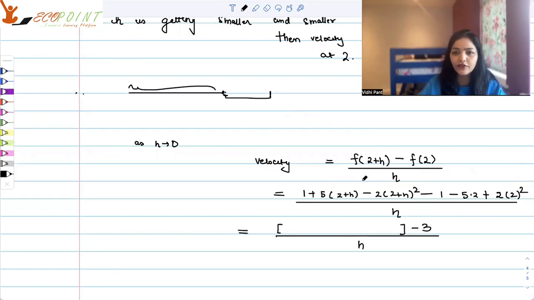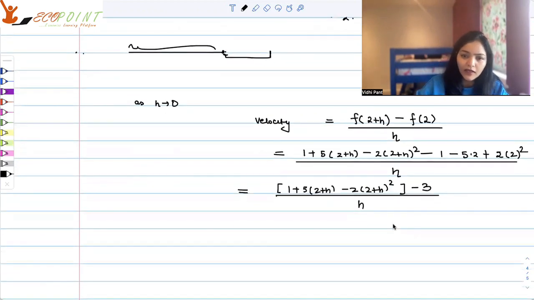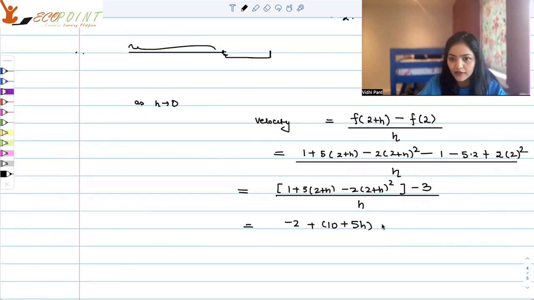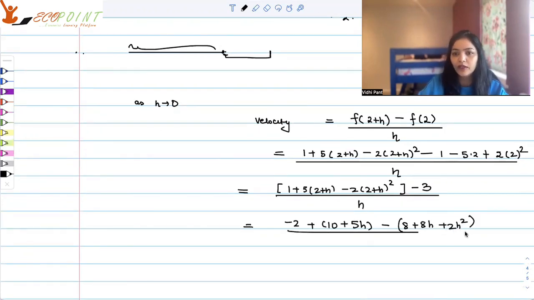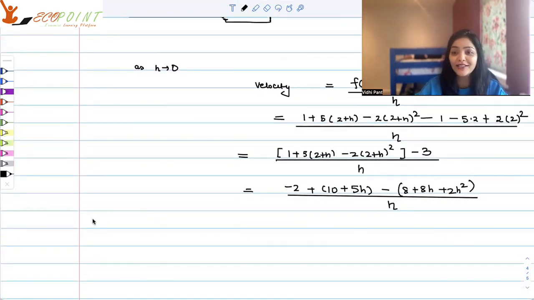So f of 2 is actually 3, so we can just say that it is 1 plus 5 times 2 plus h minus 2 times 2 plus h whole square minus 3, which will give us minus 2 plus 10 plus 5h minus 8 plus 8h plus 2h square, whole thing upon h. This is what you will get, right? But what are we interested in? We are interested in instantaneous rate, right? So instantaneous velocity.